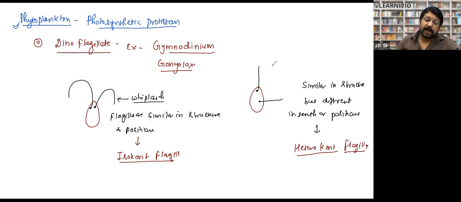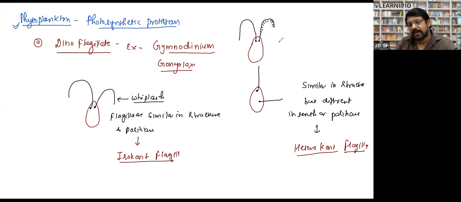There is one more type of heterokont flagella. Suppose there is an organism that has flagella in the same direction, the same position, anterior flagella. But one flagellum is smooth and the other is not smooth. It has a hair-like structure, with further sub-hair-like structure. So these flagella are similar in position but different in structure.